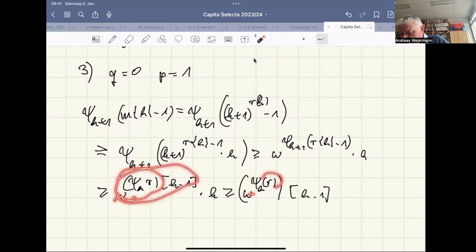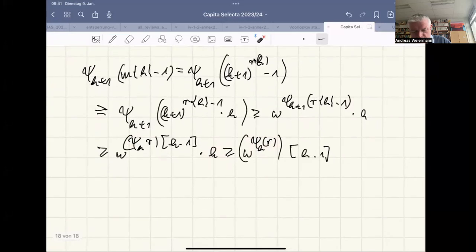Or this is a successor ordinal: if psi k of r is a successor, then the predecessor is just this thing minus 1. And then we have to multiply at the bottom with a factor k. So the proof is done.